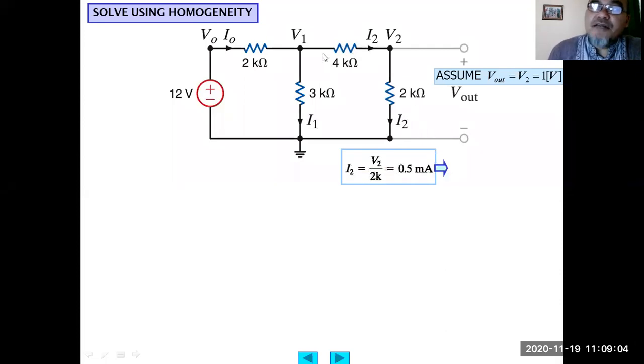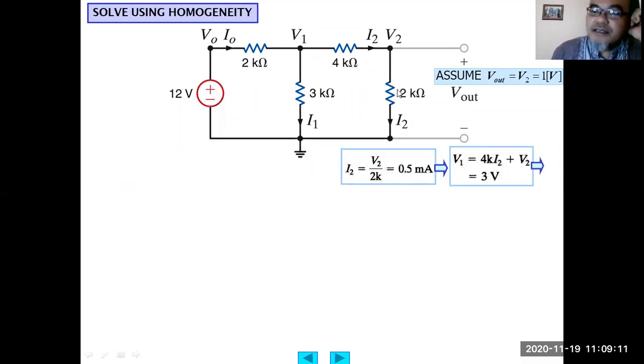From here we can calculate V1. V1 equals I2 multiplied by 4K ohm plus V2. 4 kilo ohm multiplied by 0.5 milliampere is 2 volt, plus 1 volt equals 3 volt. Having obtained V1, we can calculate I1, the current flowing through the 3 kilo ohm resistor: 3 volt divided by 3 kilo ohm, so I1 equals 1 milliampere.